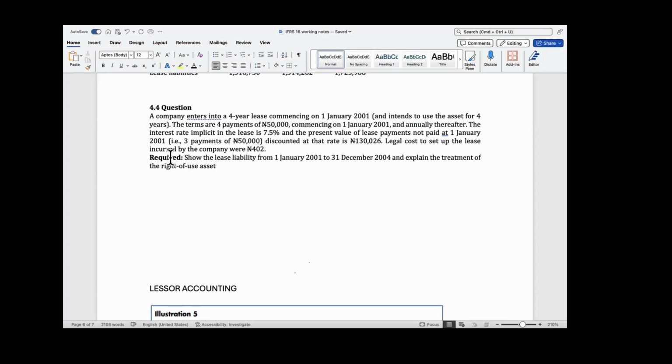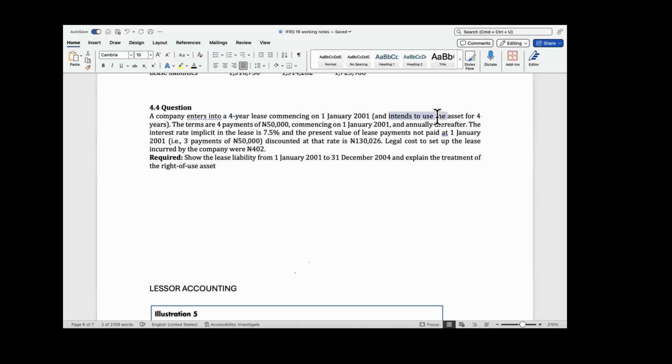When you look at this question, you will see that this company entered into a 4-year lease, which means that this is the lease term, and it's commencing on 1st January 2001, which means that this is the commencement date or the inception of the lease.